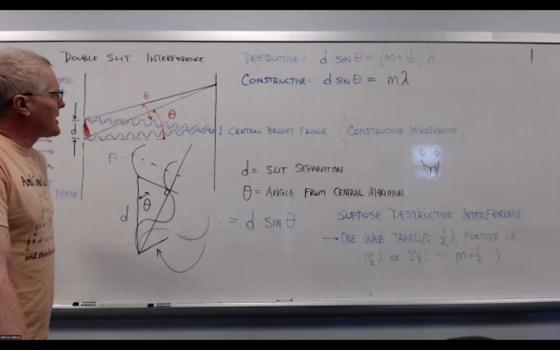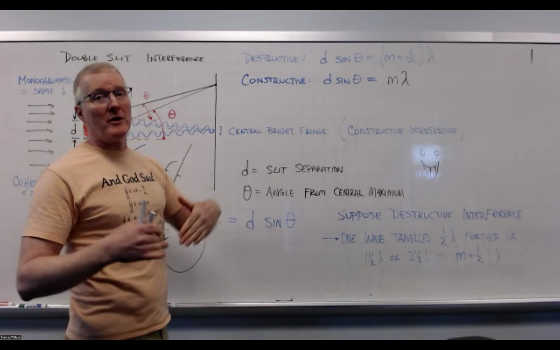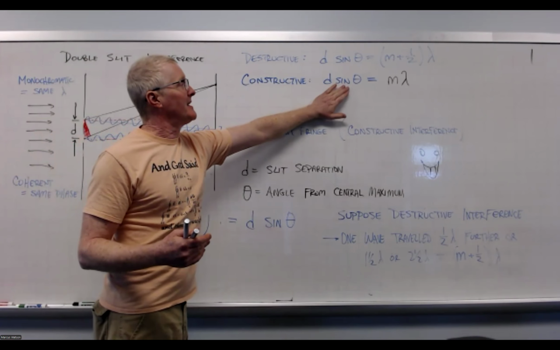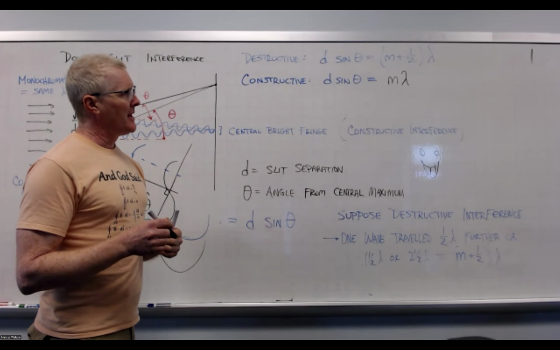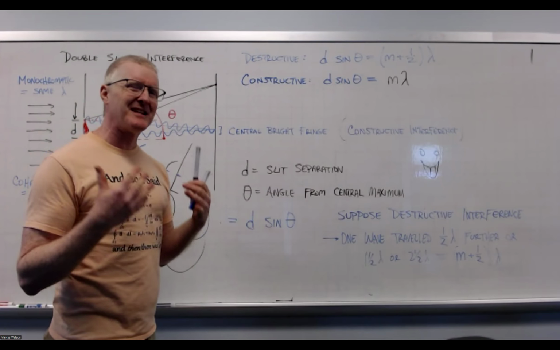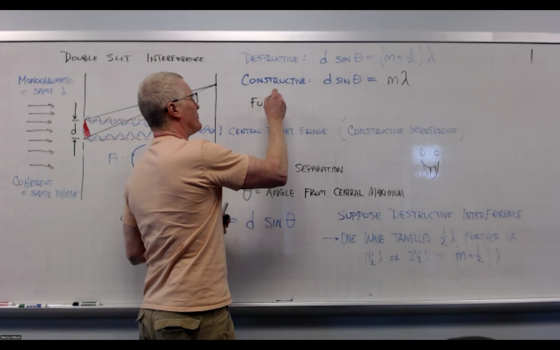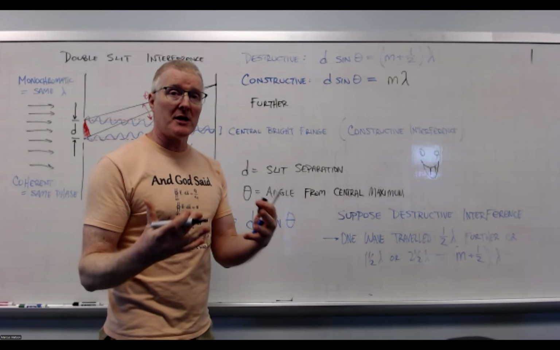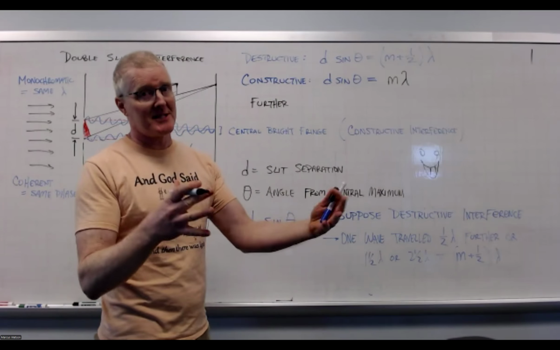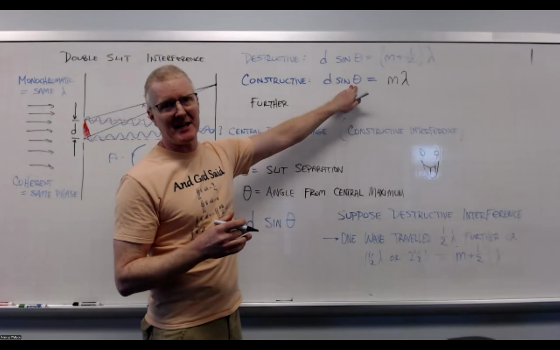Now, I mentioned that we were using small angles, and we are. So we can make one further approximation to this sine, and it's something that in the two-slit experiment will basically always be true. This is a further use of the approximation. It's not a different approximation. It's the same small angle. But now I'm going to take the sine of a small angle.